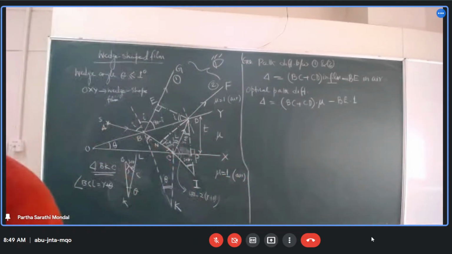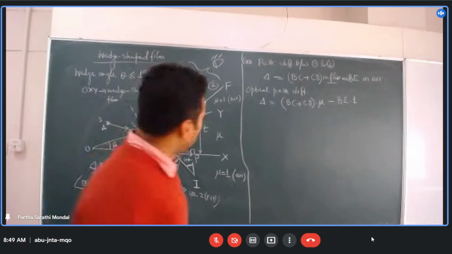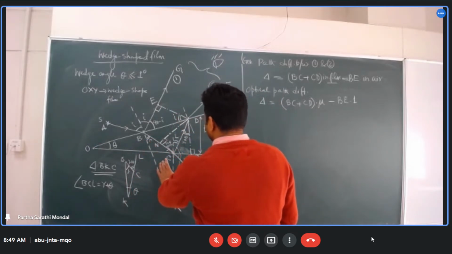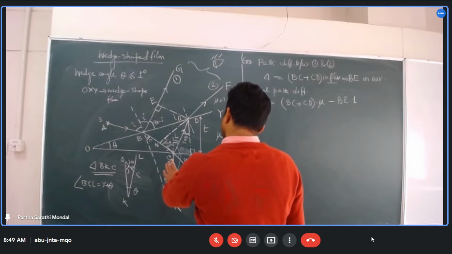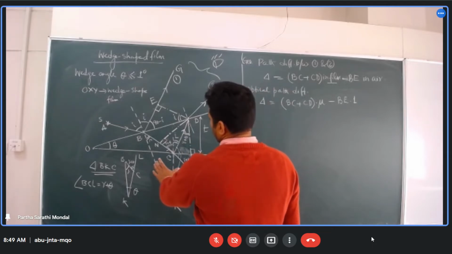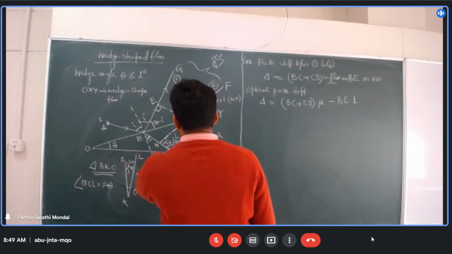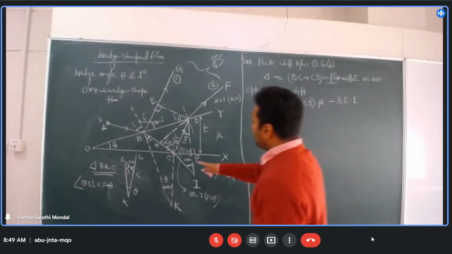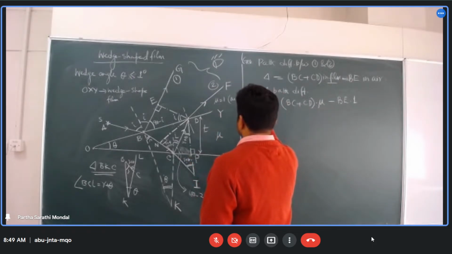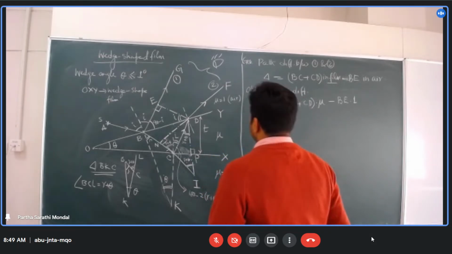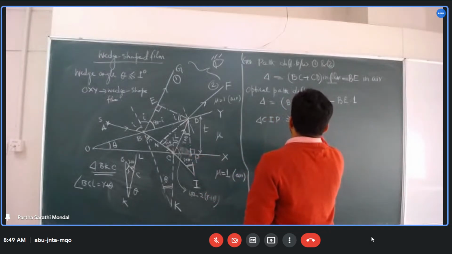Okay. So now what we have to do? So BC, okay. So BC is this one. So now we know that, we have already told you that triangle CIP is actually same as triangle CPD.